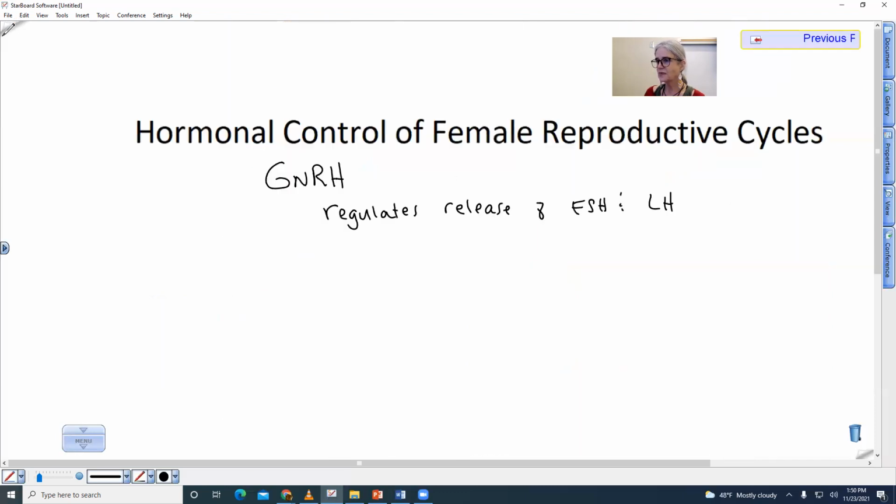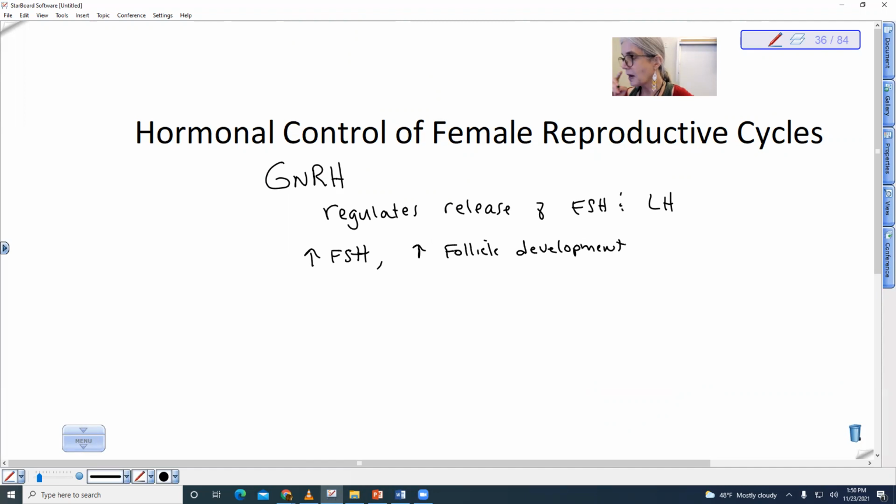Okay. So when we increase FSH, we have an increase in follicle development. The follicles produce estrogen.